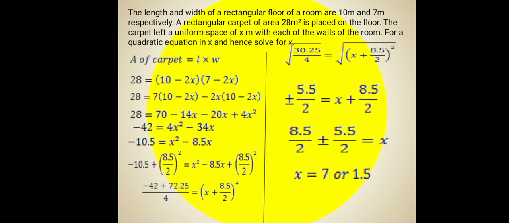The area we have been given as 28. The length is 10 minus 2x, that is the space left, and the width is 7 minus 2x, that is the space left. If you multiply that, we solve and we get x is 1.5. That's the space left between the carpet and the wall.